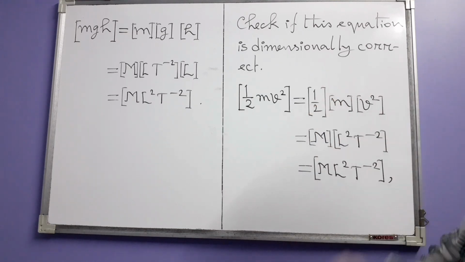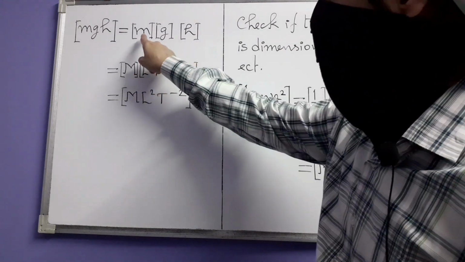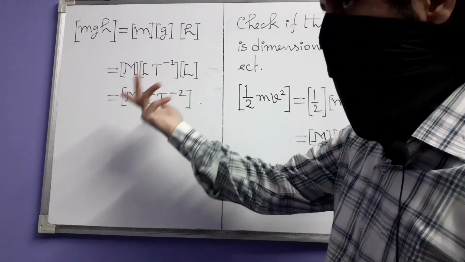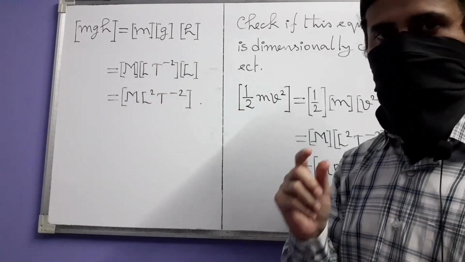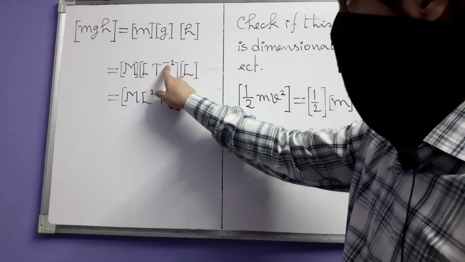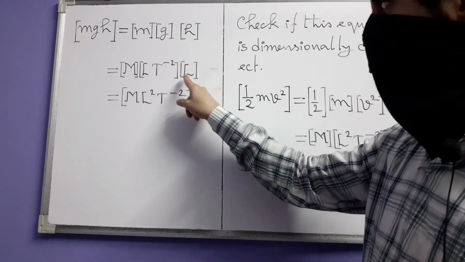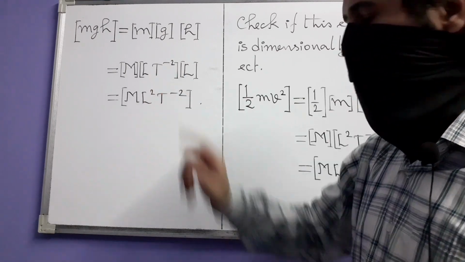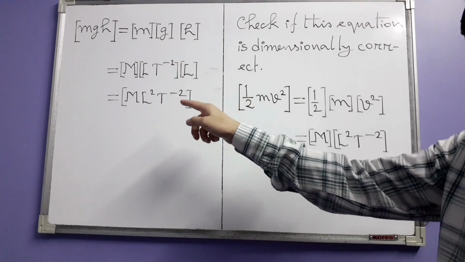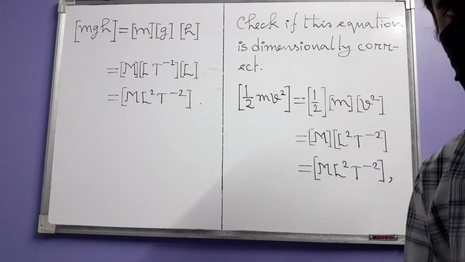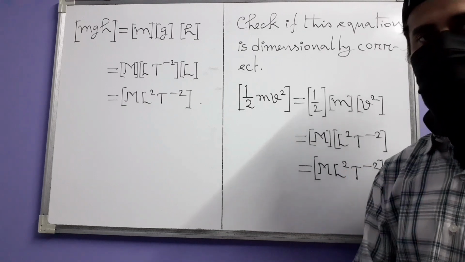And then we calculate the dimension of m g h. Here m has the dimension of mass. g is acceleration due to gravity, so it has the dimension of acceleration, L T to the power minus 2. And h is height, so it has the dimension of length. So this L and this L give us L square. And that way here also we get the same dimension, M L square T to the power minus 2. So yes, that given equation is dimensionally consistent.